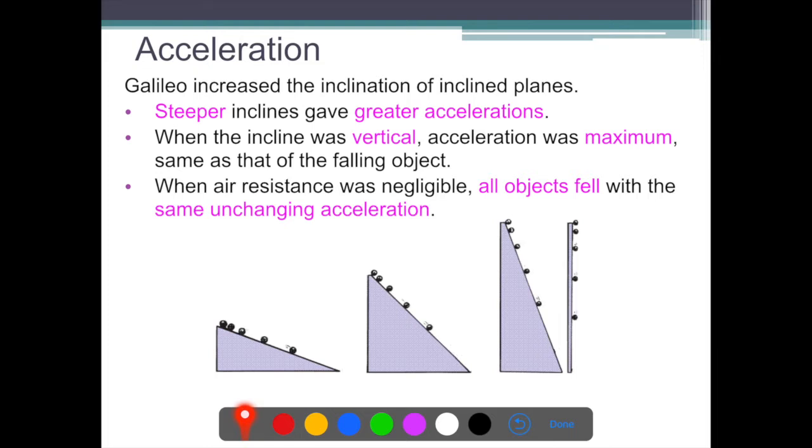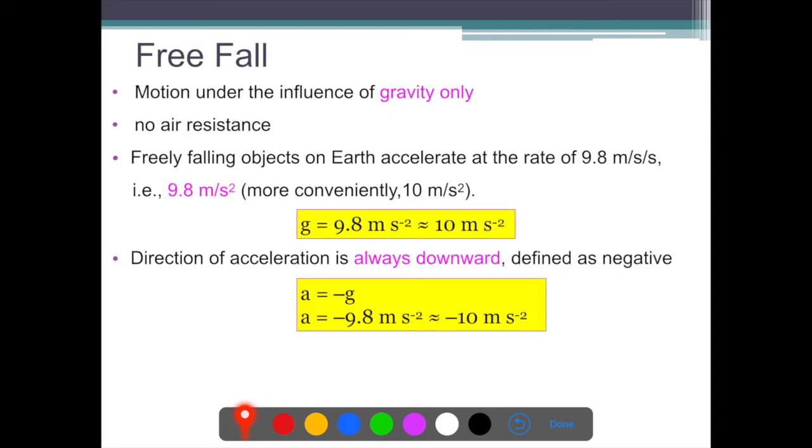When air resistance is negligible, all objects fell with the same unchanging acceleration. This motion, where the objects fall with constant acceleration only under the influence of gravity, and there is no air resistance, or at least air resistance is negligible, is called free fall.